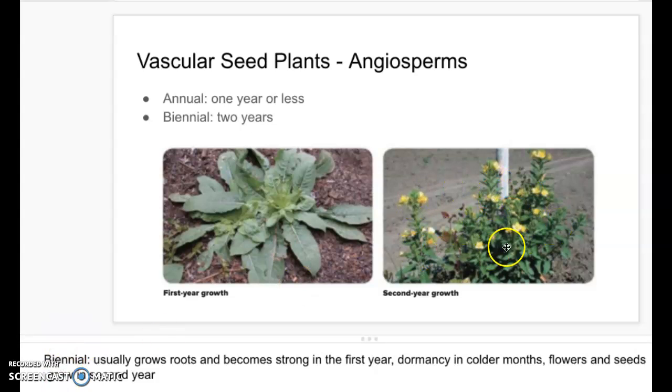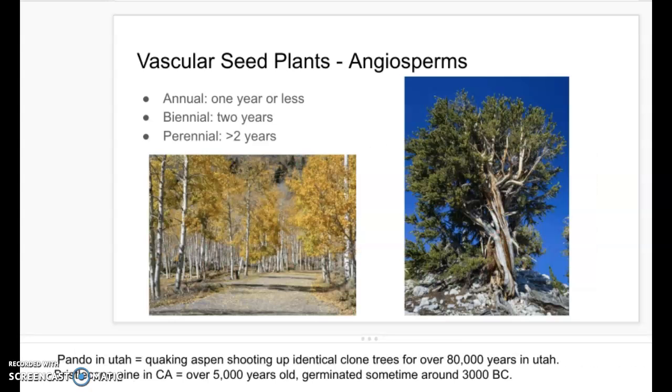A lot of times you might say, no, I've seen these come back. Well, the pollinators will take care of the plants coming back, but the original plant may only last for 1 or 2 years, depending on whether it's an annual or biennial.